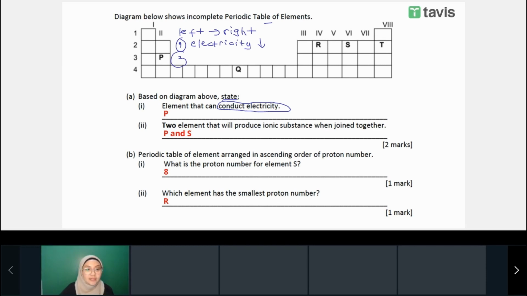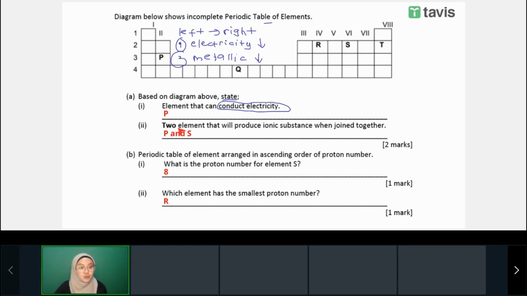Secondly, the metallic properties will be decreasing as well. So the element that can conduct electricity, surely the one at the left side. So the correct one will be P.